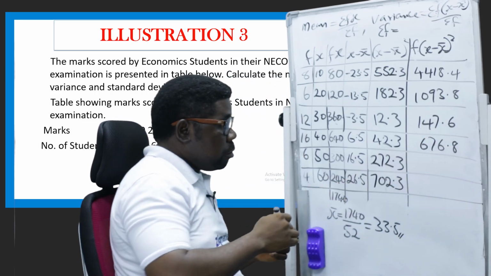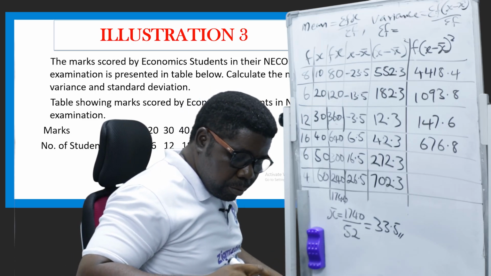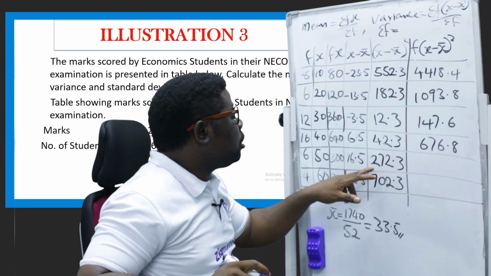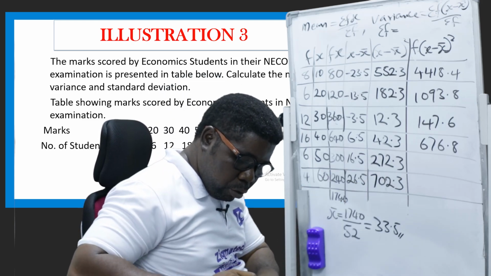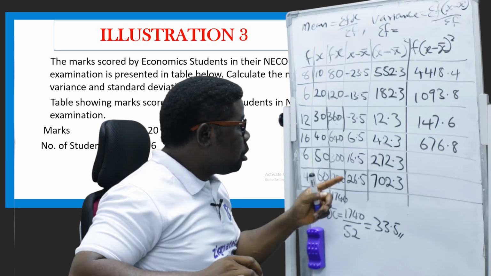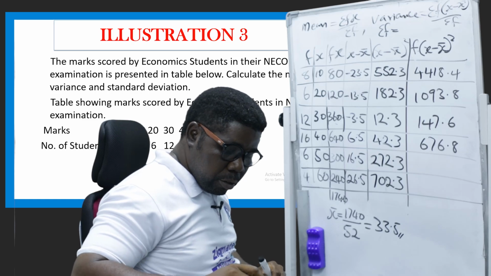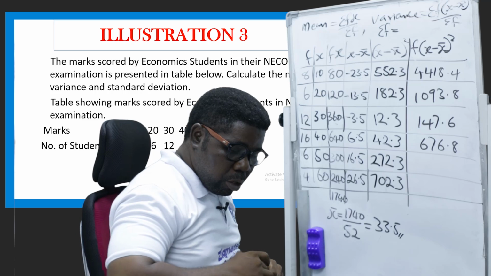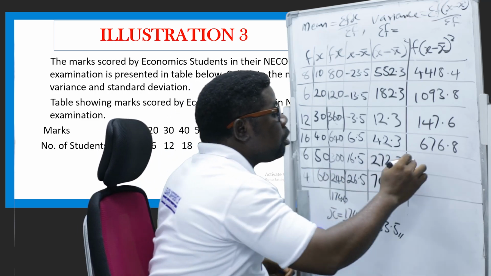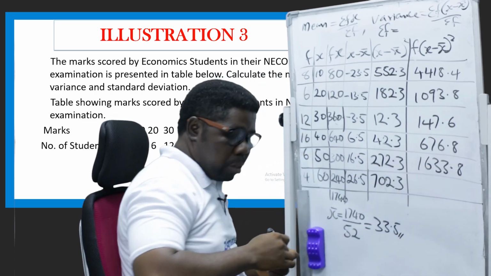Then the next one, 272.3 times 6 is 1633.8.